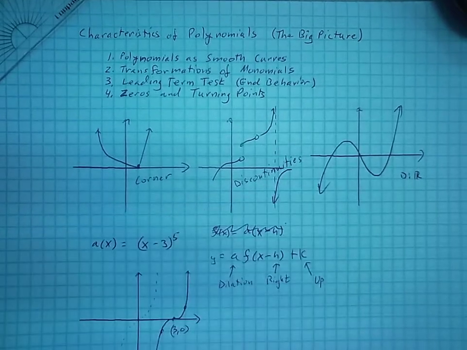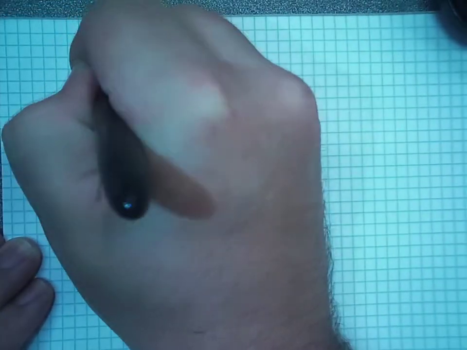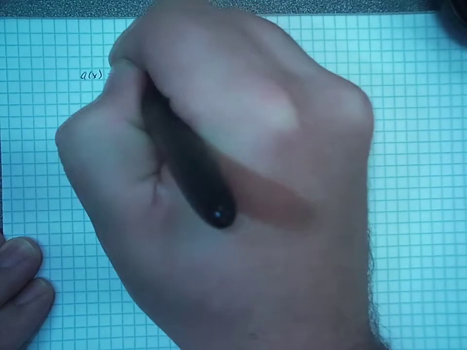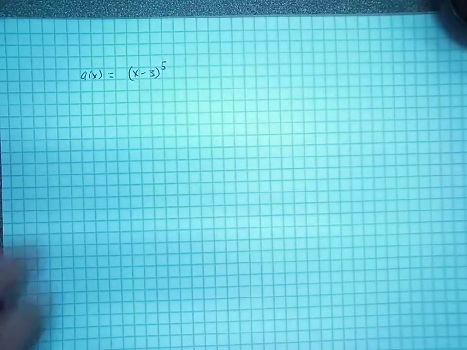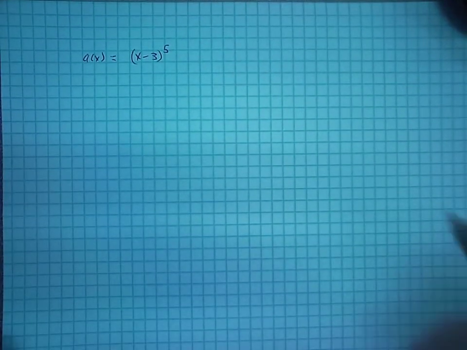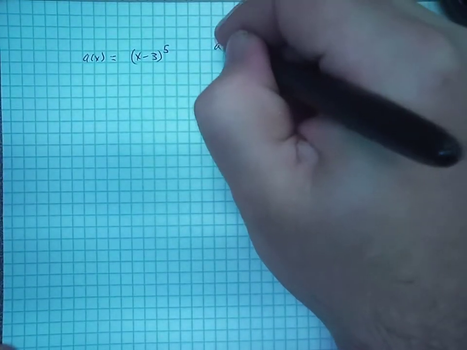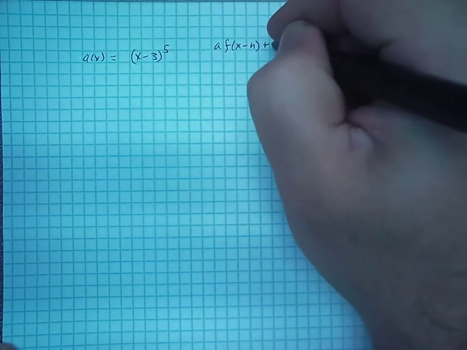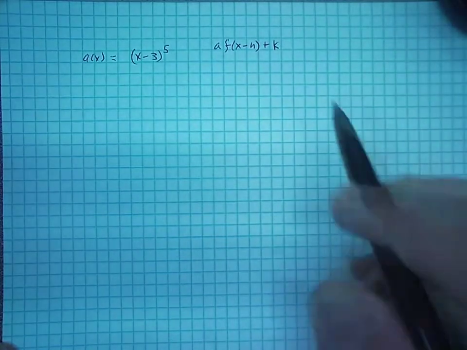I'm going to now graph some transformations. The first one I have for you is (x minus 3) all raised to the fifth power. The basic format we use for our transformations, we express as a times f of (x minus h) plus k.